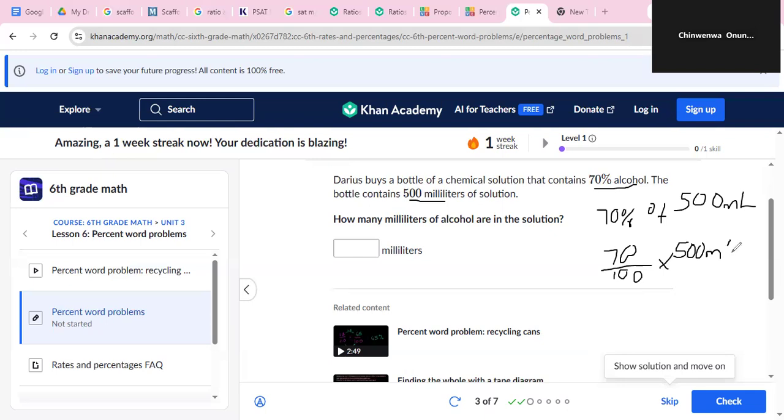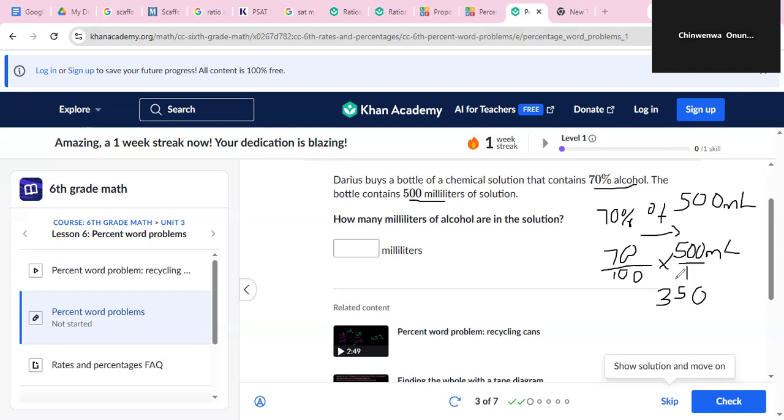What you've got to do now is simplify or multiply across. I just like to go ahead and multiply across, and then simplify in the end. Oh, sorry. You'll write 500 mLs as 500 over 1.